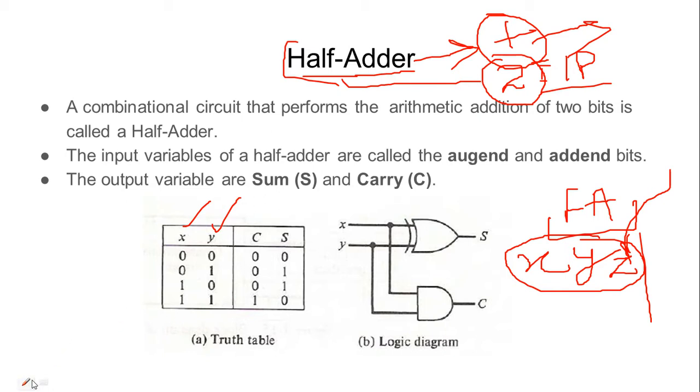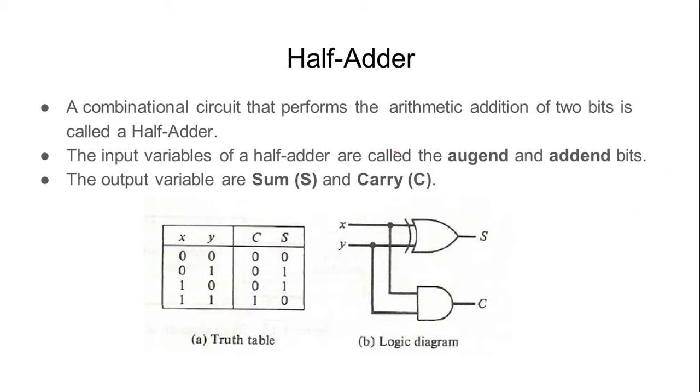So let's understand in detail about these half adders. Half adder is nothing but a combinational circuit which performs the arithmetic addition of two bits. So this is the point to remember here. The arithmetic addition of two input variables is considered in case of a half adder.